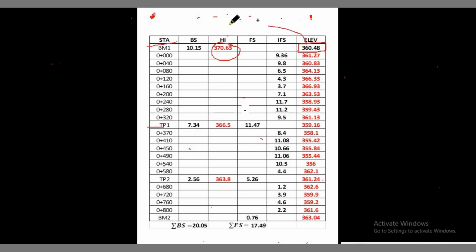So, 360.48 plus 10.15, that is equal to 370.63. Gusto? Tapno maalak di elevation ni 000, 370.63 minus 9.36. Iso daytoy 361.27. Gusto?